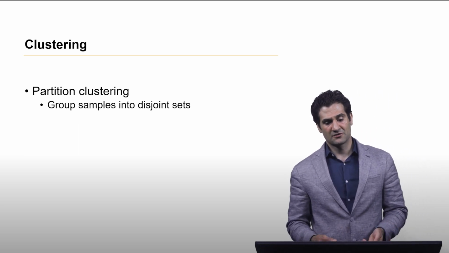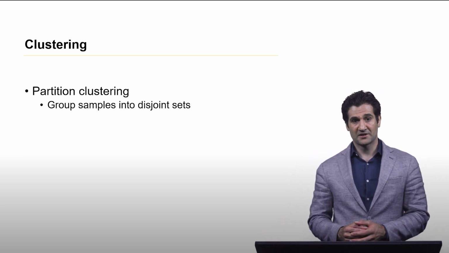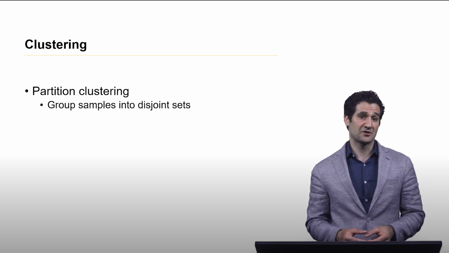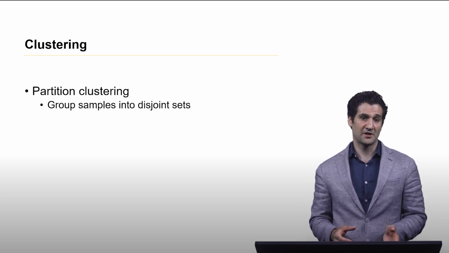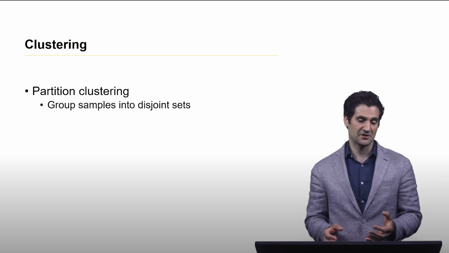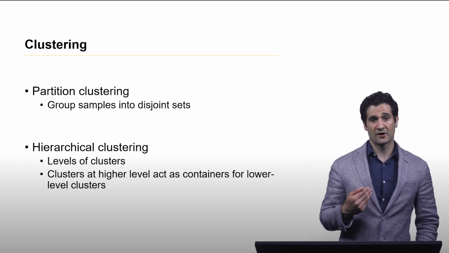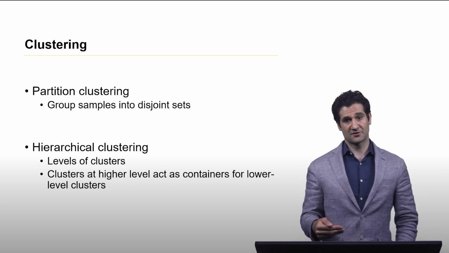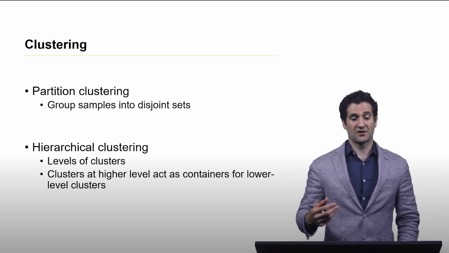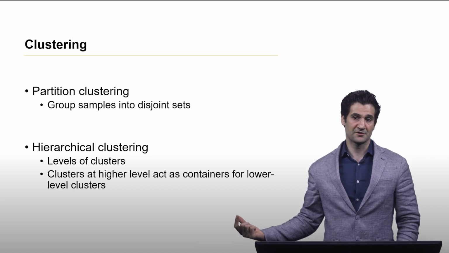There's a couple main ways of thinking about clustering. First is partition clustering, where you want to group samples into disjoint sets, hence the word partition. There's also hierarchical clustering, where you can have levels of clusters. So a cluster can function as a container for more clusters.